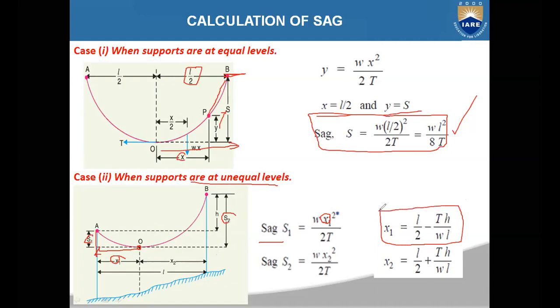The derivation we already explained in the previous class, so I'm taking only the important equations. x1 is equal to L by 2 minus TH by WL. x2 is equal to L by 2 plus TH by WL. By using this, you can calculate x1 and x2, and from the diagram, x1 plus x2 is nothing but L.